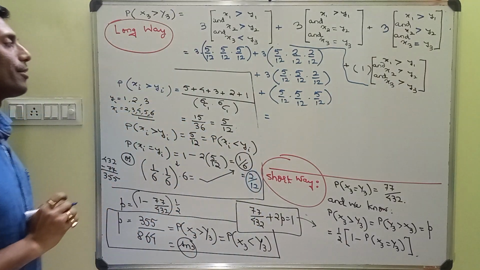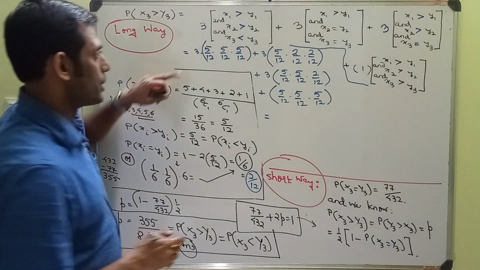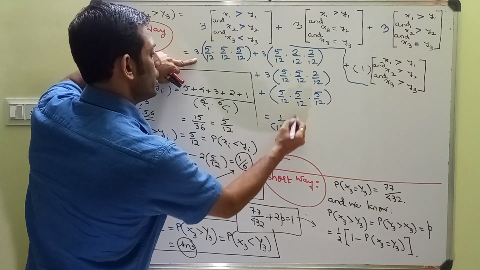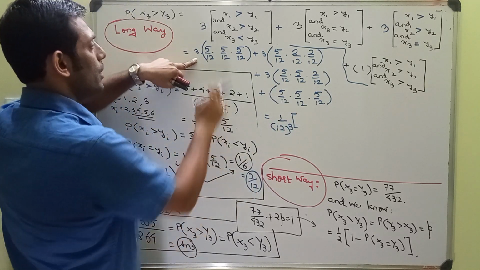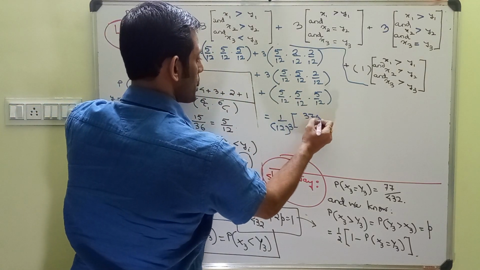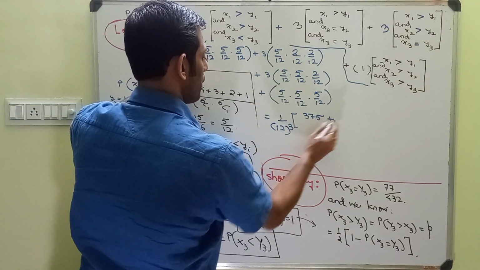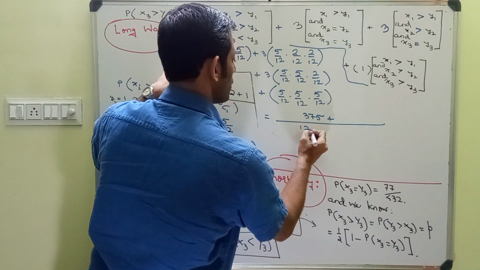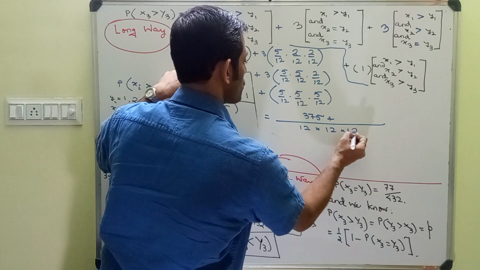If I want to add them up, 1 by 12 cube, let it remain outside. This is 12 cross 12 cross 12.